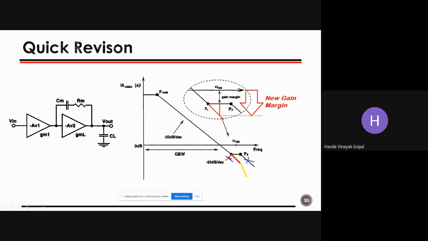But more advantageous is that, as the zero was previously here, my unity gain bandwidth was a little bit limited because of the zero, so I can push my UGB further, right? These are some tricks people do to improve the gain bandwidth product.